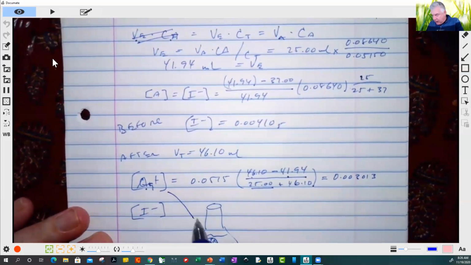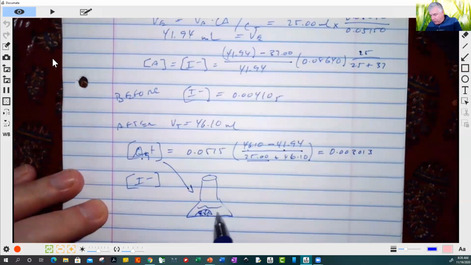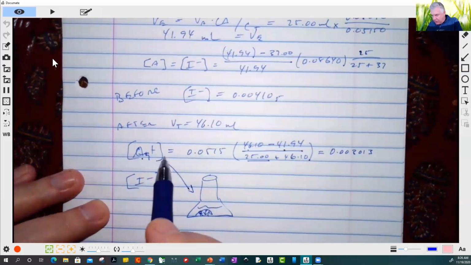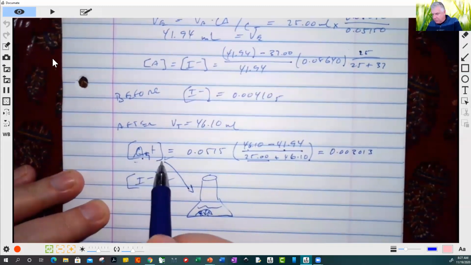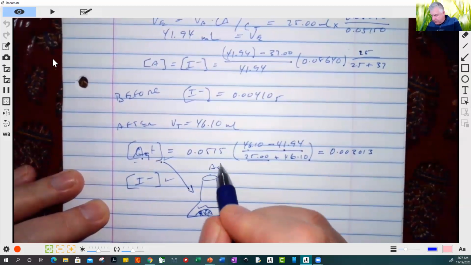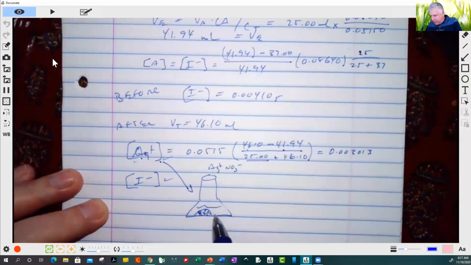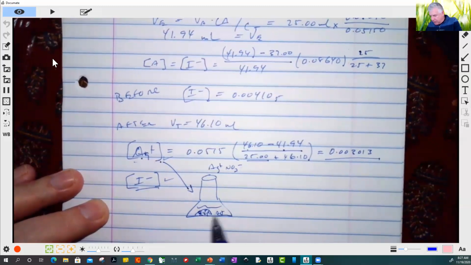Now we're adding excess silver. Now, there is a lie there, which is that there's always some equilibrium, so there's some Ag plus and some I minus in solution. The Ag plus is mainly coming from the silver nitrate that we're adding, so there's a bunch of Ag plus in the solution. We already calculated this. The I minus is coming from the dissolution here. The I minus is super darn small because the KSP is super darn small.